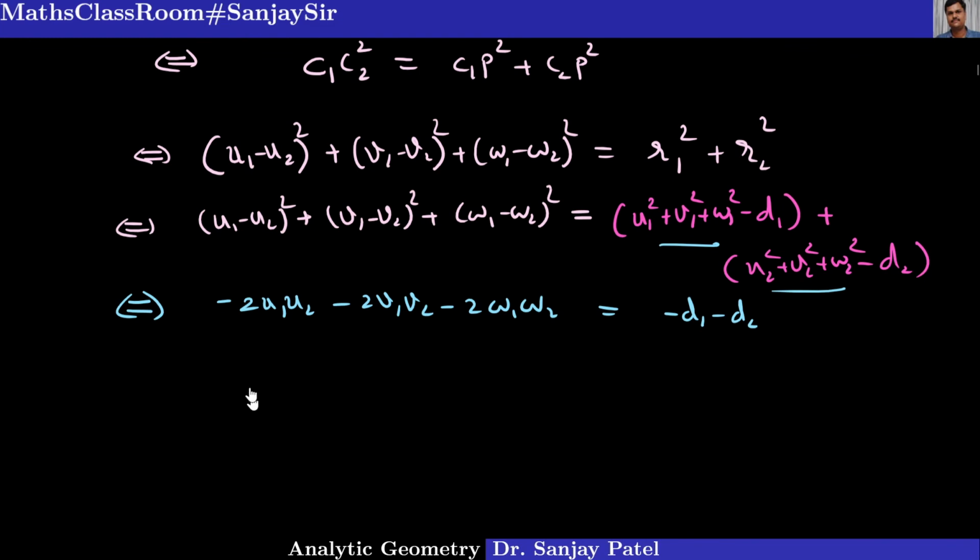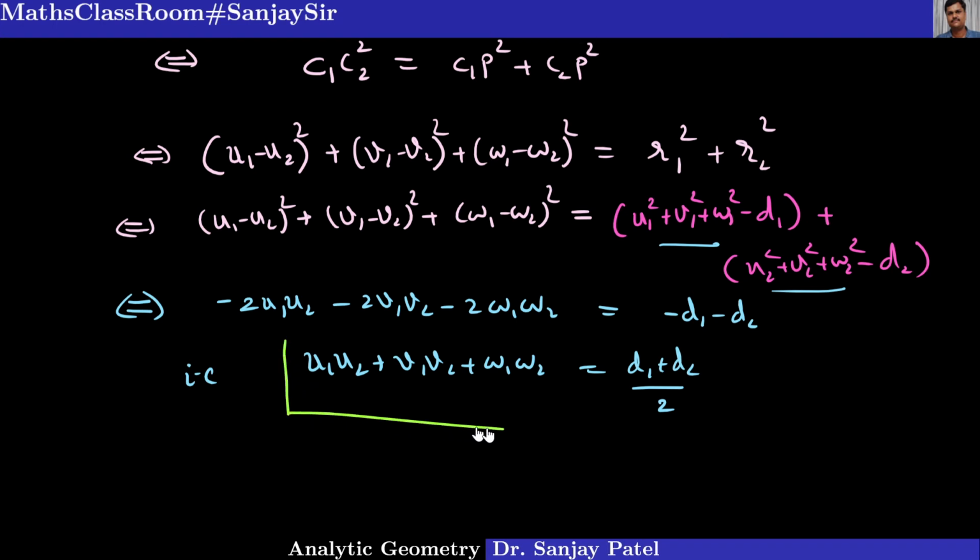So that is nothing but, if you divide both the sides by minus 2, what you will get is u1u2 plus v1v2 plus w1w2 is equal to (d1 plus d2) by 2. This is the required condition that the two spheres are intersecting orthogonally.